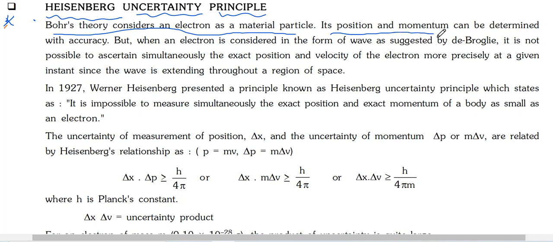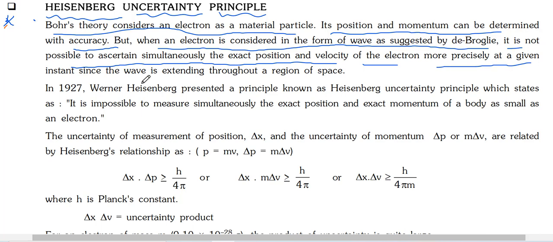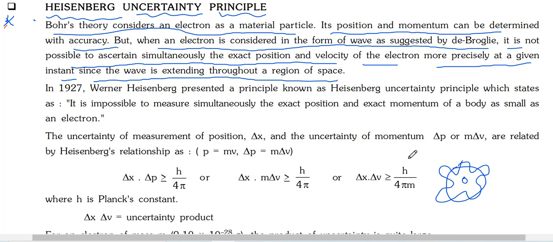Its position and momentum can be determined with accuracy, but when an electron is considered in the form of a wave as suggested by de Broglie, it is not possible to ascertain simultaneously the exact position and velocity of the electron, since at a given instant the wave extends throughout the region of space. So Bohr said one fixed path is there, but the electron is moving like a wave. How can you say the electron is moving in a fixed path exactly from this distance? We cannot tell. Because of this, he could not explain.